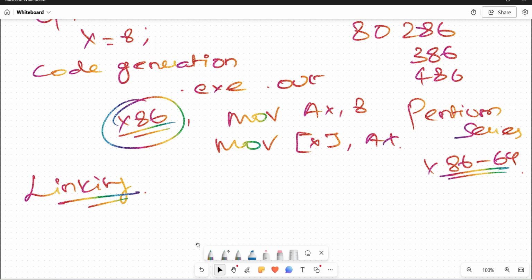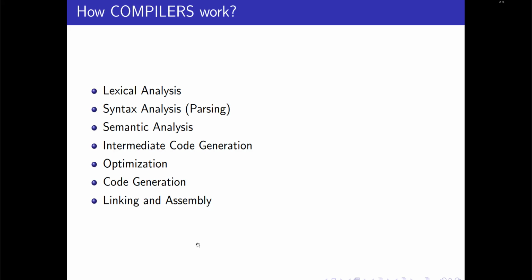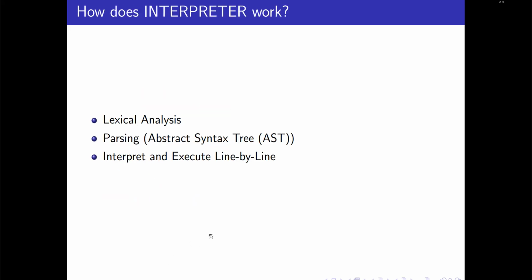So this is how the compiler works for every programming language, like in high level programming like C, C++, and Java. Okay, I hope you understand how the compiler works. And next we'll move to the interpreter.